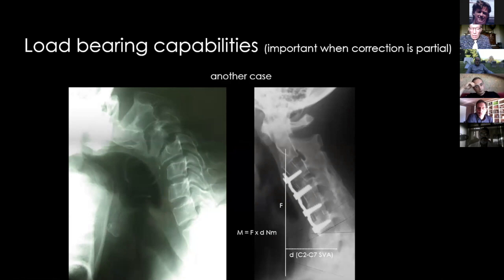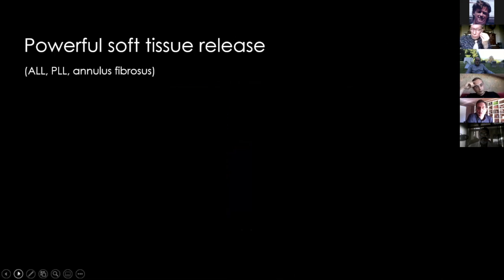So the anterior approach offers you powerful soft tissue release. You can release the majority of discoligamentous structures, either anterior longitudinal ligaments, posterior longitudinal ligaments, annulus fibrosus, whereas from the posterior approach you can only release posterior ligaments and, let's say, capsules of facet joints.